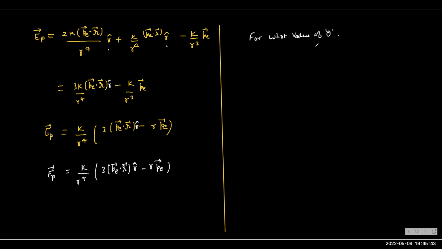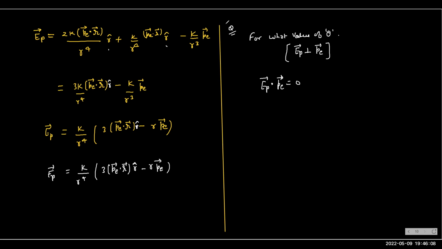So coming to for what value of theta, this is actually a question and example both. For what value of theta will EP be perpendicular to the p vector? Which means EP dot p equals 0. Yes, sir. Okay, let's try this.